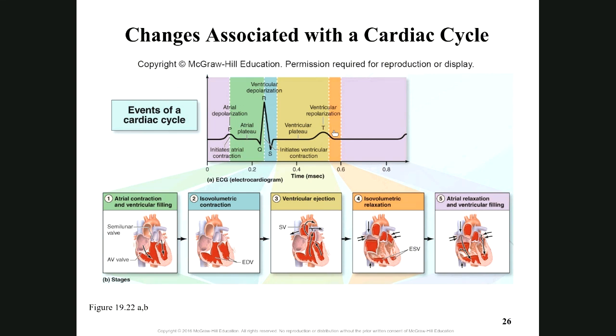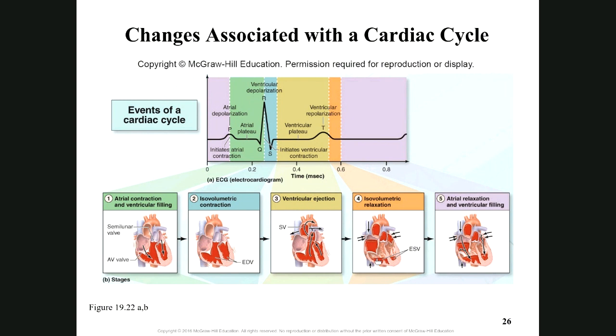The ventricles, as you see here, go to repolarization, and then we don't have any electrical activity here. The ventricle is relaxed. The AV valve and the SL valve, both of them are closed.